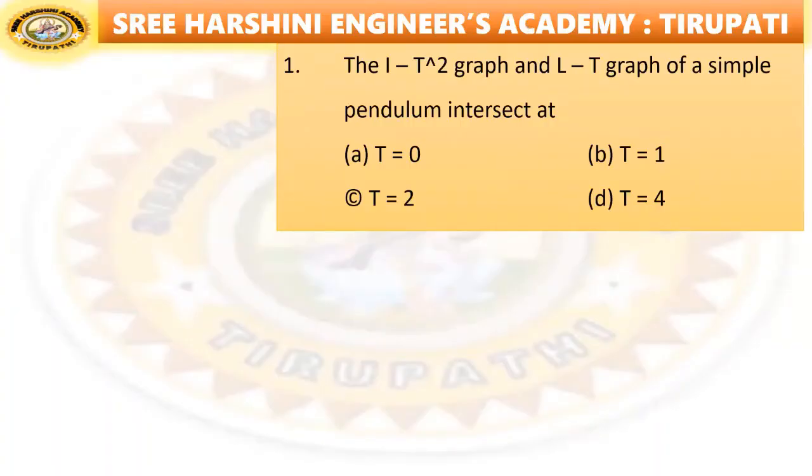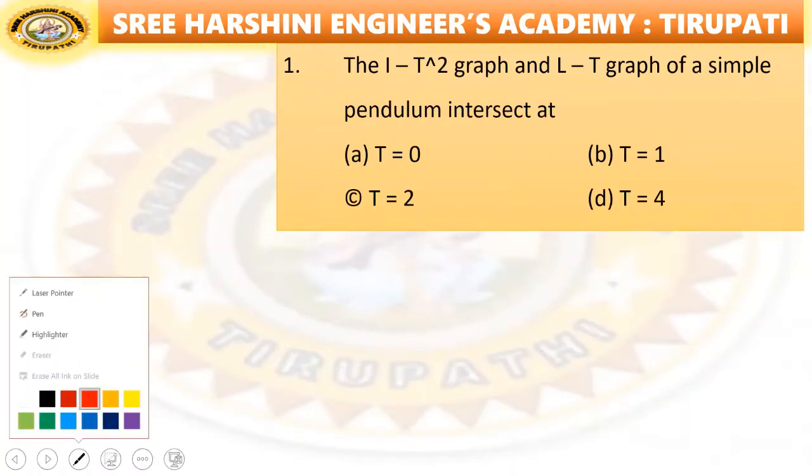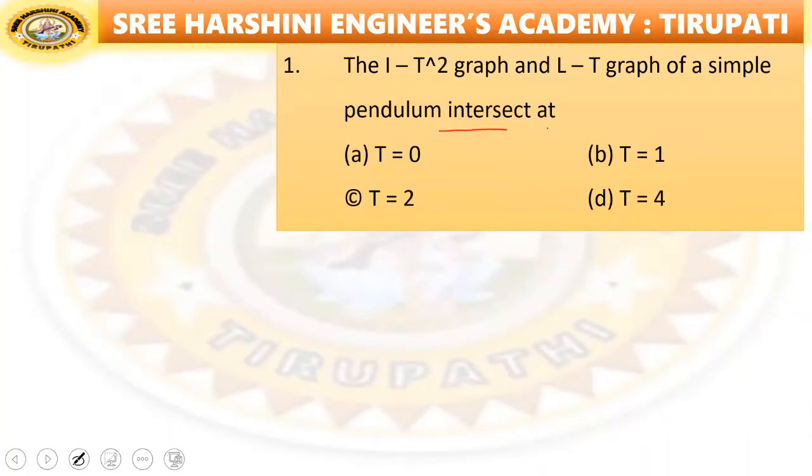The L-T squared graph and L-T graph of a simple pendulum intersect at. So here we have a graph for length and time of the pendulum.